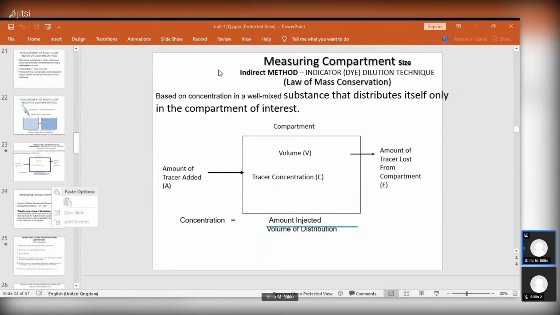So using that principle, we're now going to use it to calculate the volume of the ECF and ICF. Using a dye, I'm going to calculate the volume for the ECF and the volume for your total body water. These two compartments. And then we are also going to use this to calculate your plasma volume. So these are the three compartments that are going to be measured.